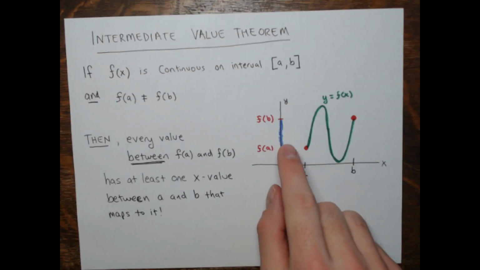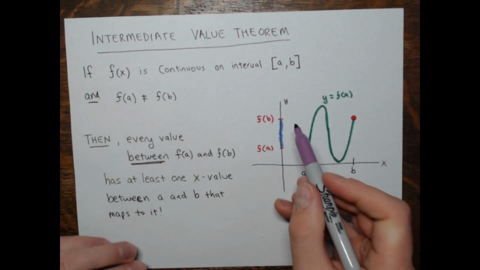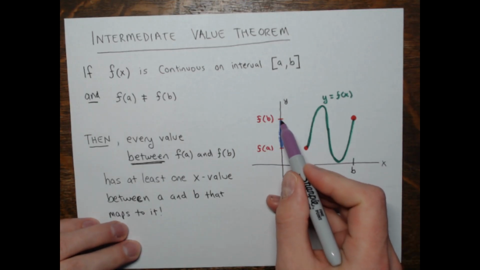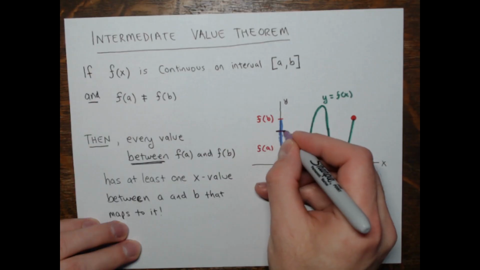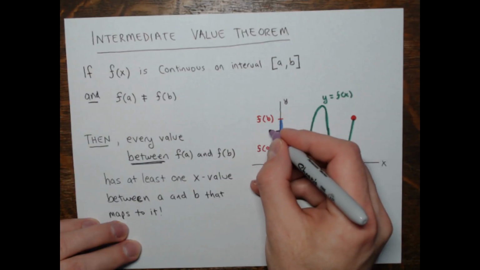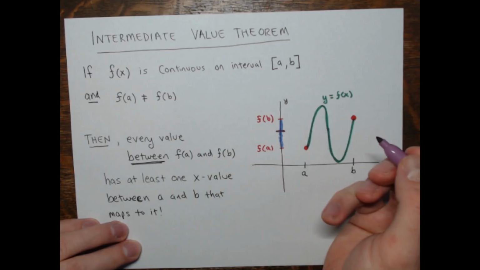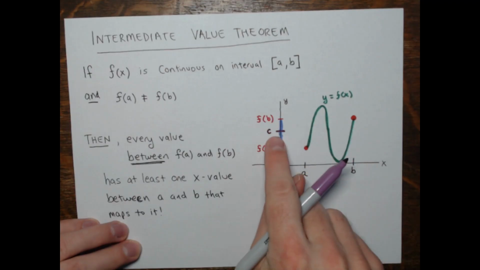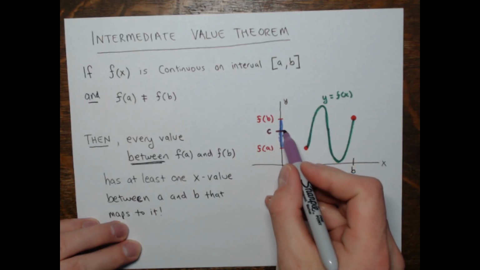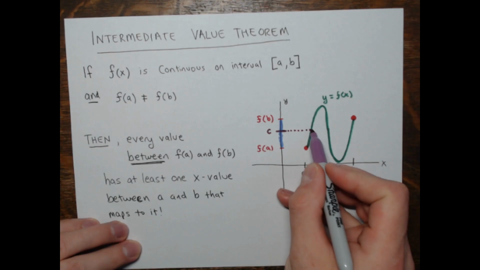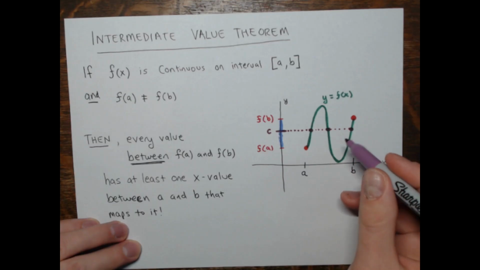Okay, so for instance, again, take any value between the y values at the ends. Take any value between f of a and f of b, say this value here. I'll call this C. As long as it's between these two, if you go to the graph, right, there's this point and this point, and even this point over here.